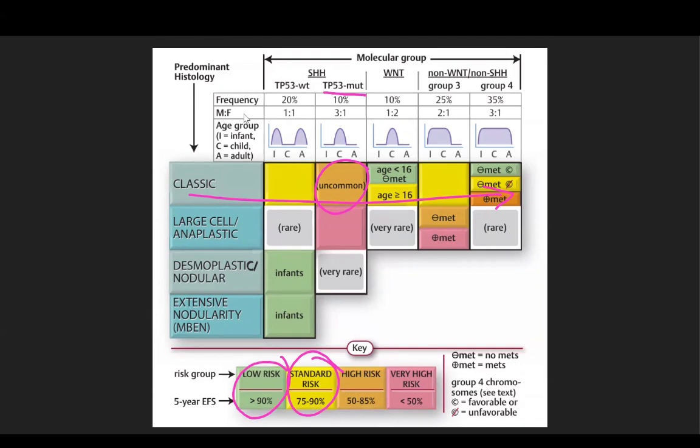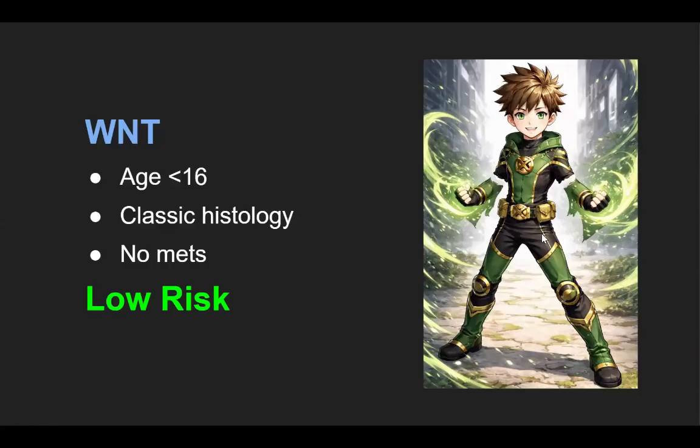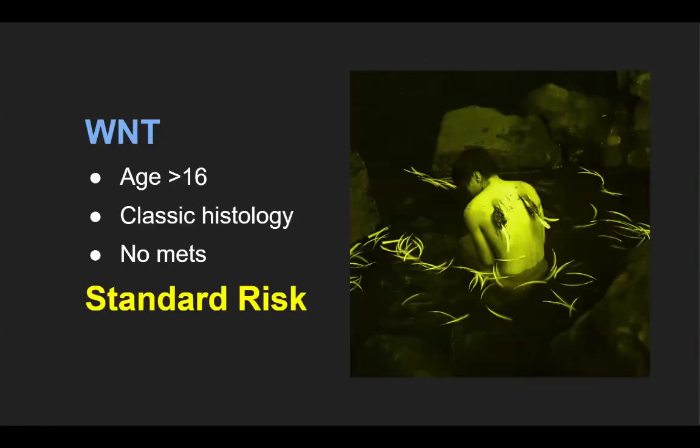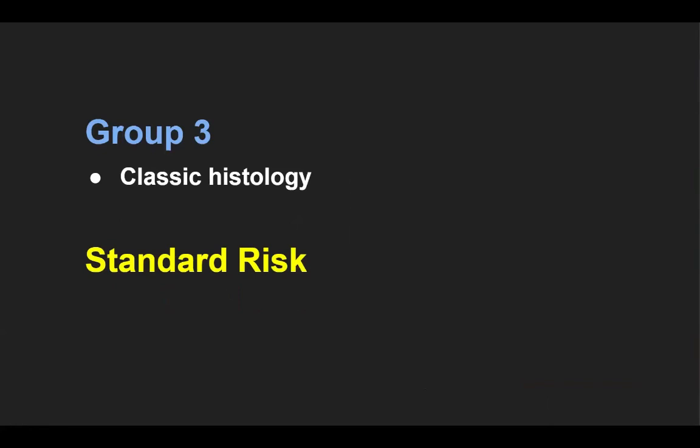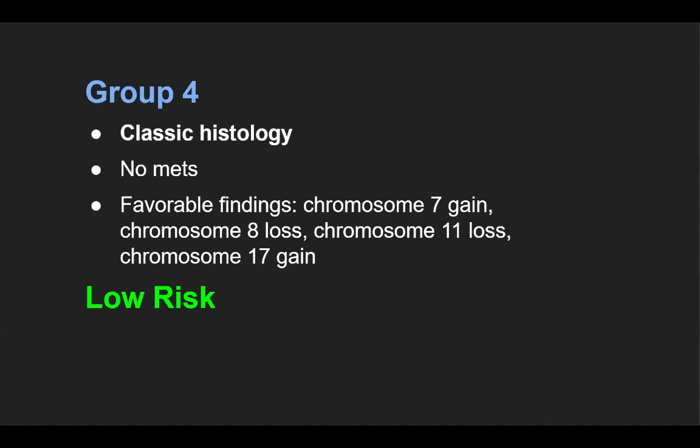Yes. Tell me to slow down if you don't understand anything. It's very important that we can go back and correlate it with the actual chart. Group 3 is the easiest. Classic histology, standard risk. The yellow color. Group 4, classic histology, no mets, but favorable findings. This means they are a low risk group. What are the favorable findings?